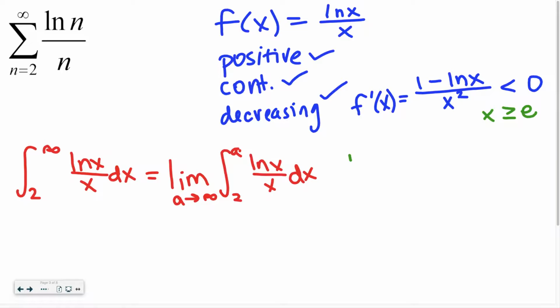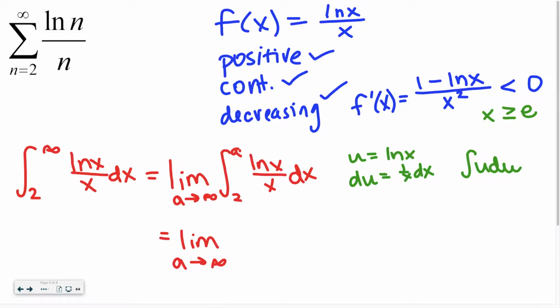Or, no, wait. So u is the natural log of x. du would be 1 over x dx. So essentially, we have the integral of u, right? So our antiderivative would be the natural log of x squared over 2.